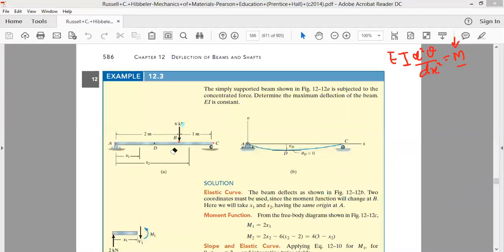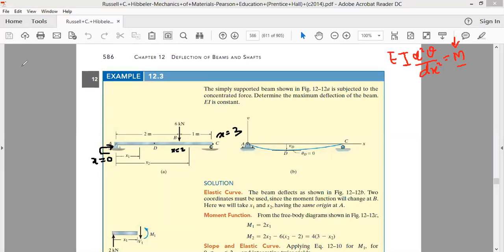As far as section 1 is concerned, our first section will go from this point, which is x equal to 0, the starting point, to this point, which is x equal to 2, and this point is x equal to 3 meter.